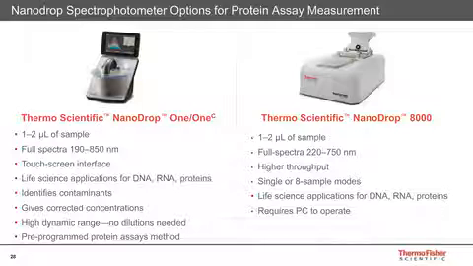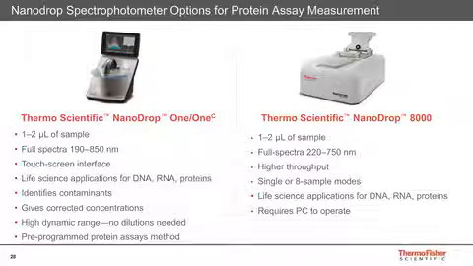Nanodrop spectrophotometer optics for protein assay measurements. So for the Nanodrop One, we need 1 to 2 microliters of sample. We can obtain a full scan from 190 to 850 nanometers. It has a touchscreen interface.